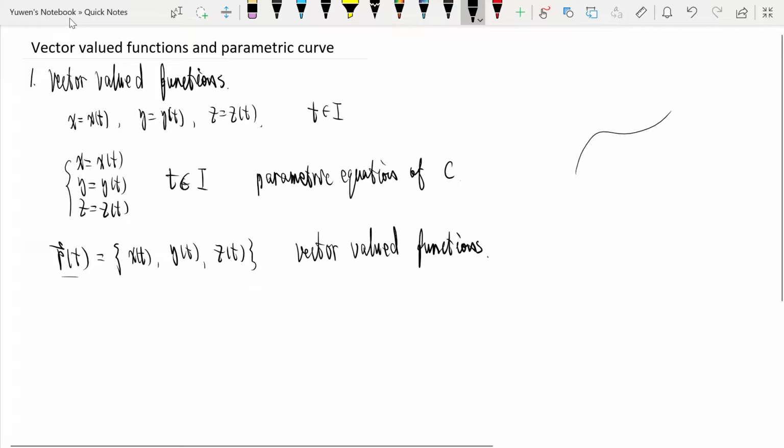The tip of this vector valued function is actually a curve in space. So a vector valued function of one variable is actually a parametric curve.